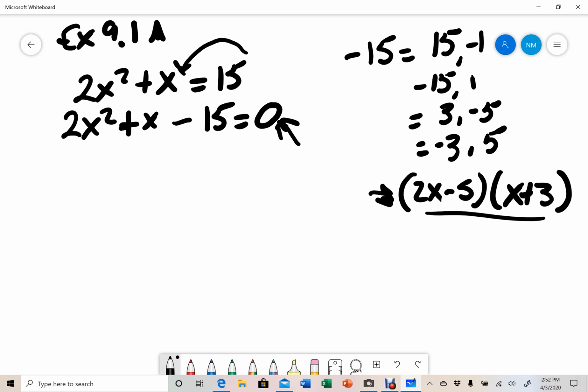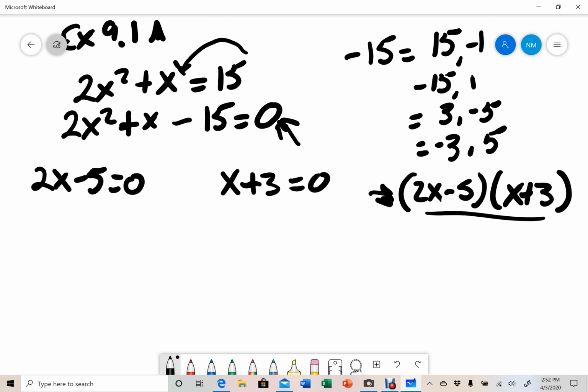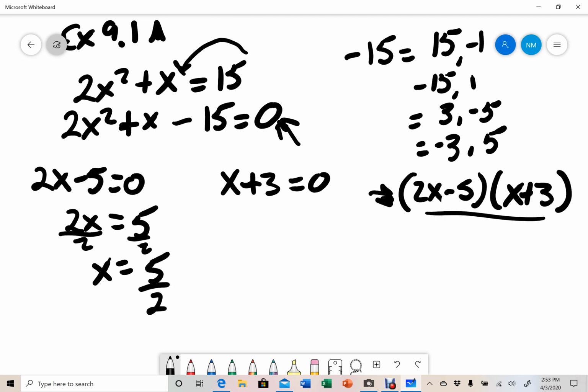Our next step is then to take our factors and break them down so they both equal 0. So I've got 2x minus 5 equals 0, and then I've got x plus 3 equals 0. We break those down so that each one equals 0, and then I'm solving for x. So I've got 2x equals 5. I divide by 2, so x equals 5 over 2.